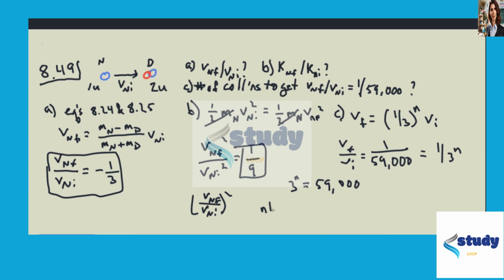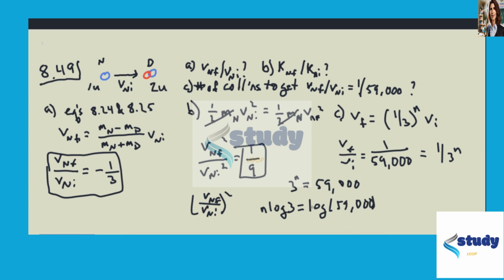So n times log 3, and this is because the logarithm of a number raised to any power is that power times the logarithm of that number. And here it doesn't matter what the base of the logarithms are, is the logarithm to the same base of our 59,000. And now if we were using base 3 logarithms, the logarithm to the base b of b is 1, and then you'd have this to the base 3, and you'd get the answer directly.